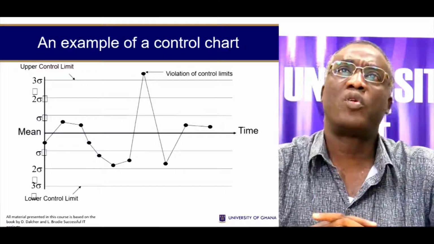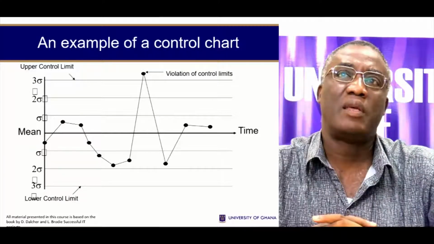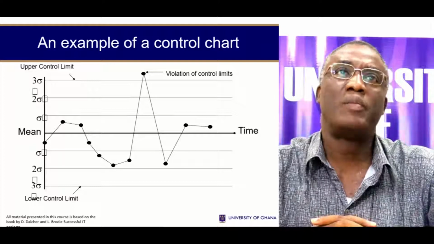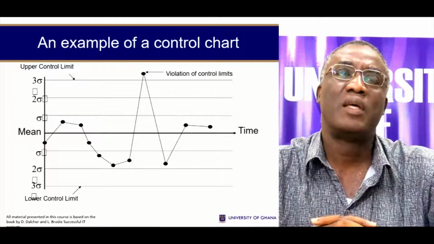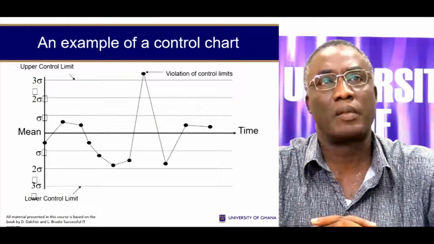This is an example of a control chart. So you have the mean error, then you have a lower control limit and an upper control limit, and these are defined by the standard deviations, or sigma.